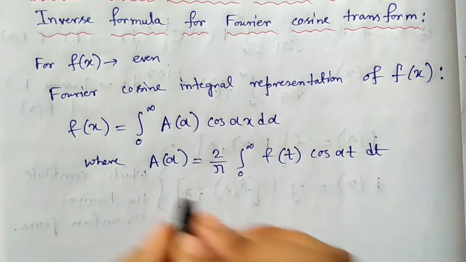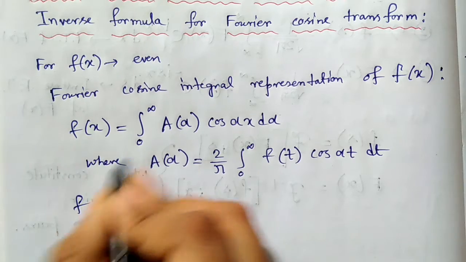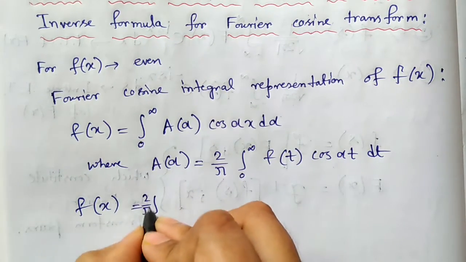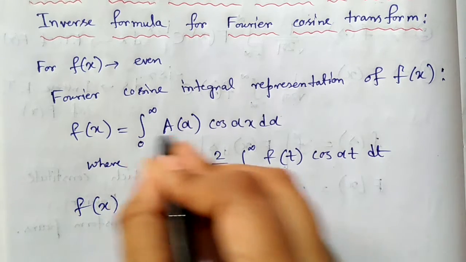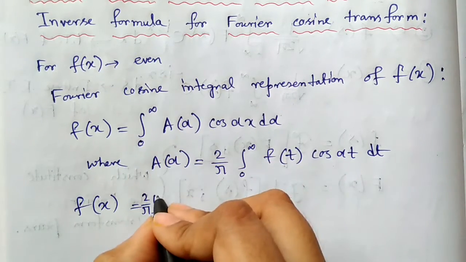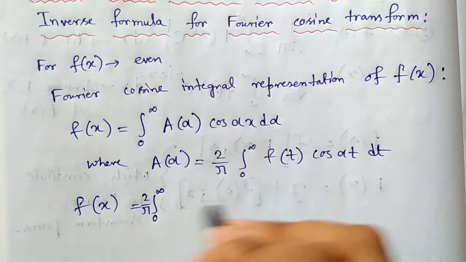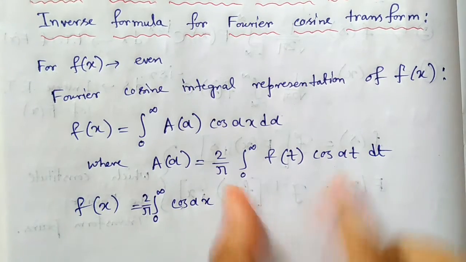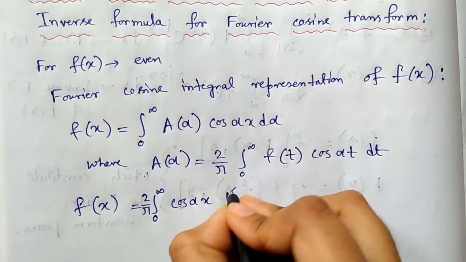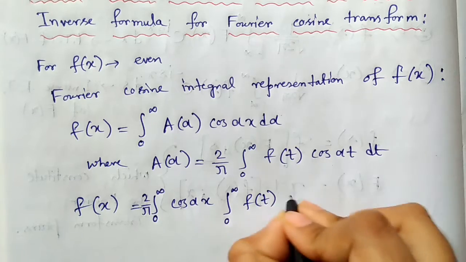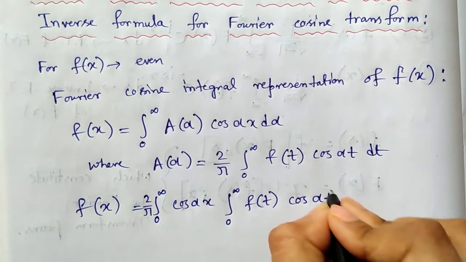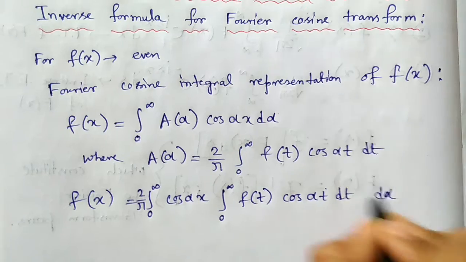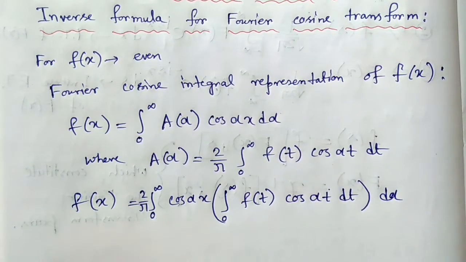Similarly, put the value of a(alpha) in this line, so we get f(x) equal to 2 by pi integration 0 to infinity cos alpha x, then the part integration 0 to infinity f(t) cos alpha t dt, then d alpha, bracketing this portion.